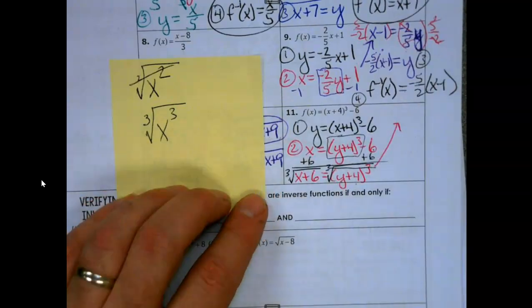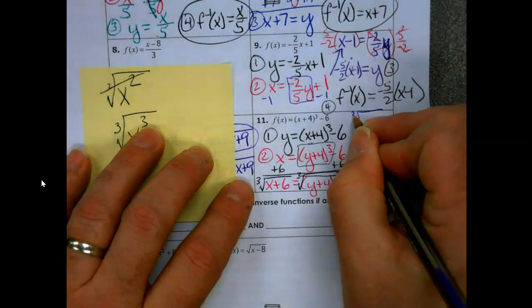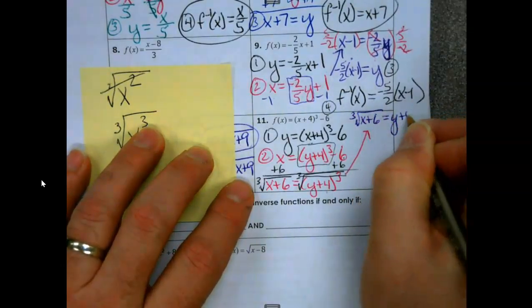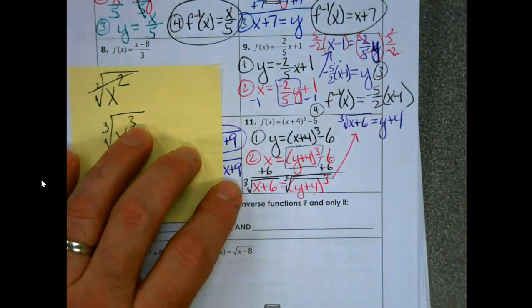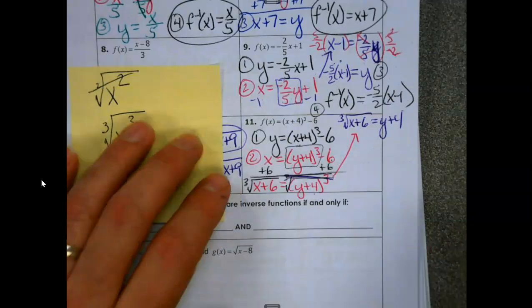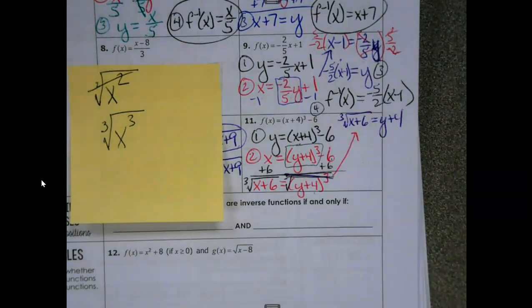Because that makes that all go away. So you're like, this is looking really weird. So that cube over here is gone because of the cubed root. It is over here now.